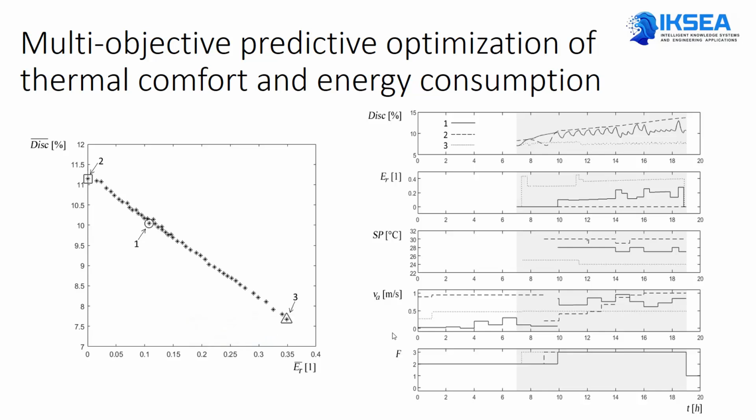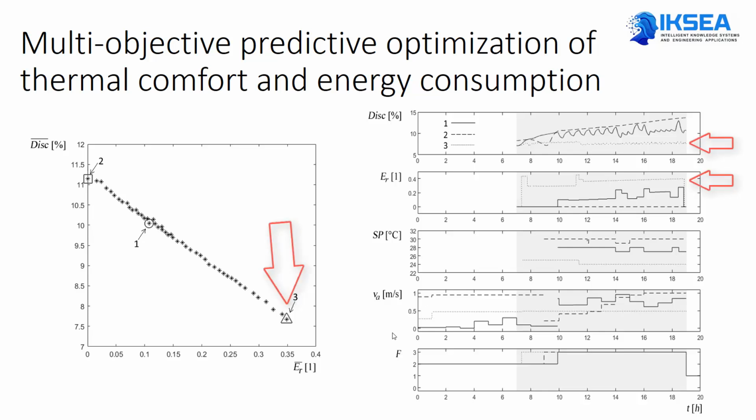Each of the points of the Pareto profiles relates to a time sequence of cooling setpoint values and ventilation rates. If we take three typical possibilities, the one with the lowest energy, the one with the lowest percentage of dissatisfied, and the intermediate one, the time evolutions are on the right side of the image.